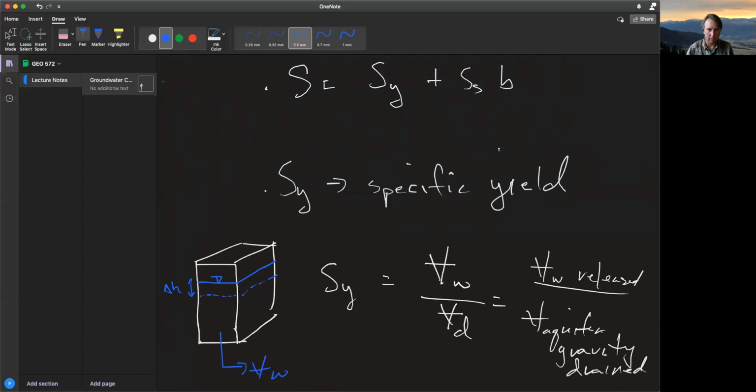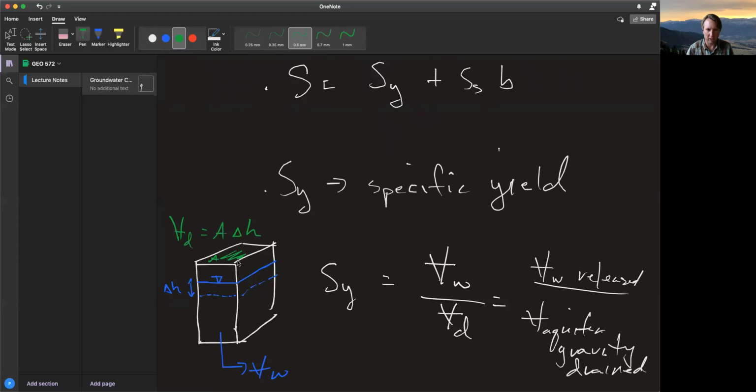And again, here, says area A, then the volume drained is A times delta H. All right, and the volume of water is what I extracted.